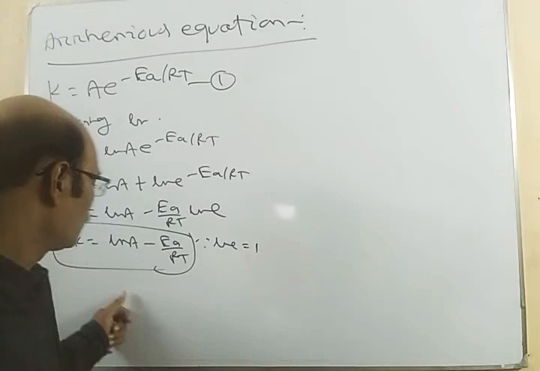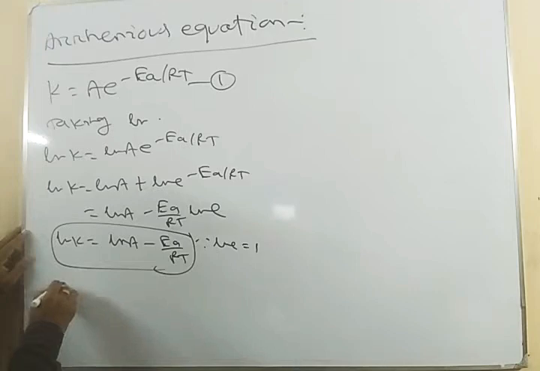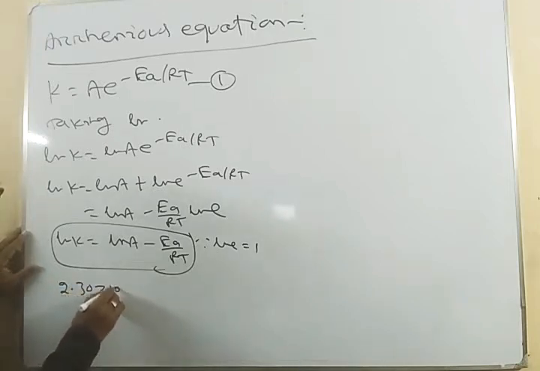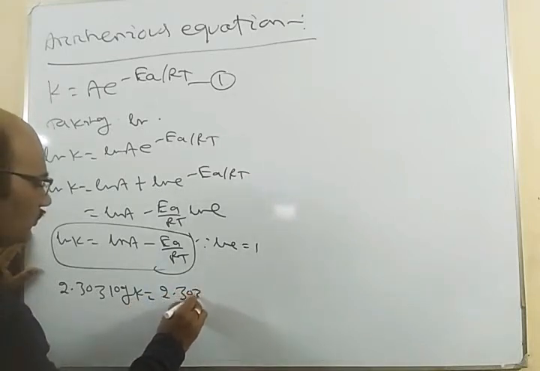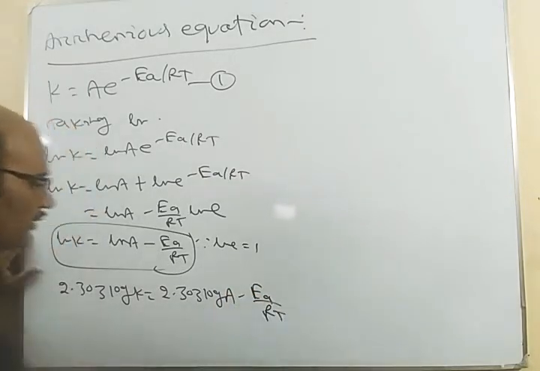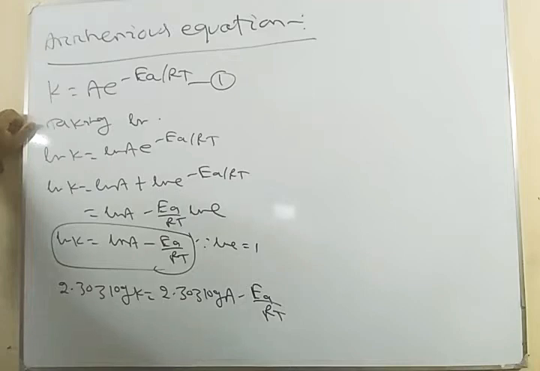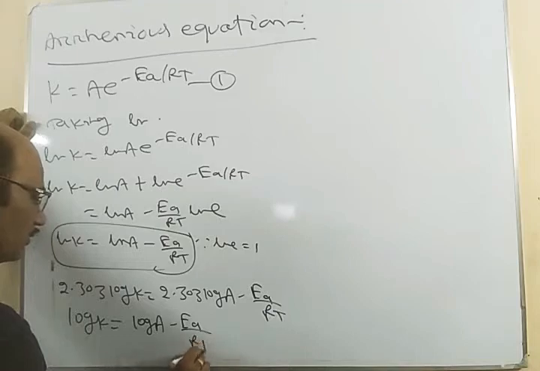So log K equal to log A minus EA by RT. Now, or I can write 2.303 log K equal to 2.303 log A minus EA by RT.